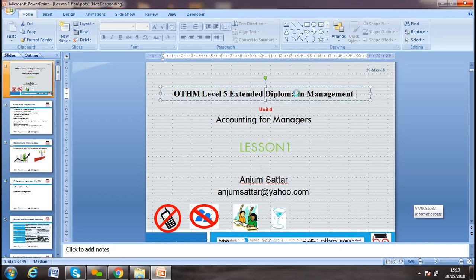Okay, so we'll start. What do you know about financial accounting and financial management, which we also discussed at level 4? Now we are doing level 5 units. Does anything come to your mind about financial accounting or financial management?